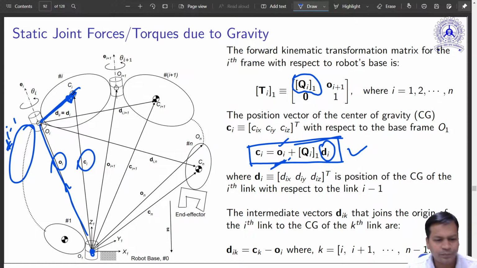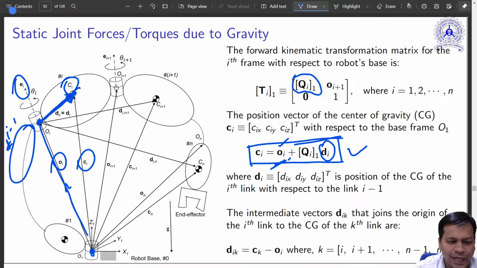Now why is this so important? Because one by one I am trying to get the distances, the vector that connects the center of gravity from the joint which is in consideration. I want to find out the torque which is here.